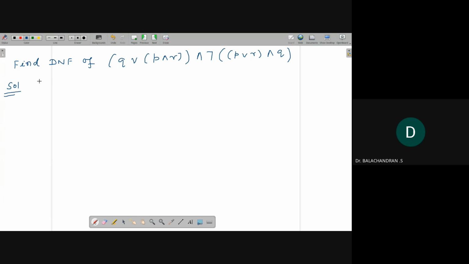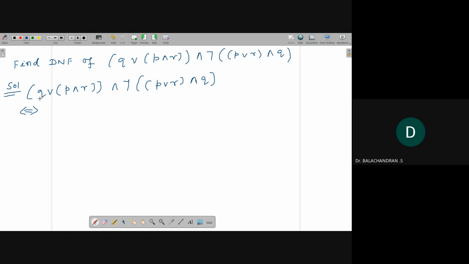I'll write the whole expression again: Q or R and P or R, and negation of P or R and Q, which is equivalent to, here I'll keep this one as it is.